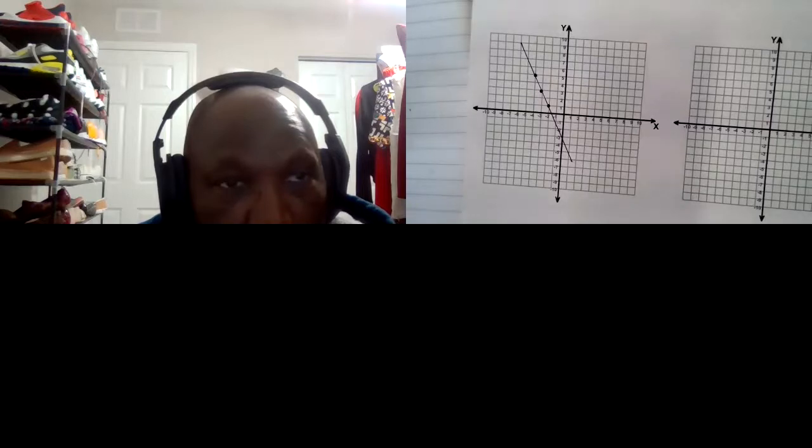And now you can check your slope, because we said slope for this one was 2, -1. And the way to check it, if you don't want to deal with the numbers on the sides, count the boxes on the grid. So we're starting with this coordinate right here. Our slope was 2 over -1, which is rise over run.